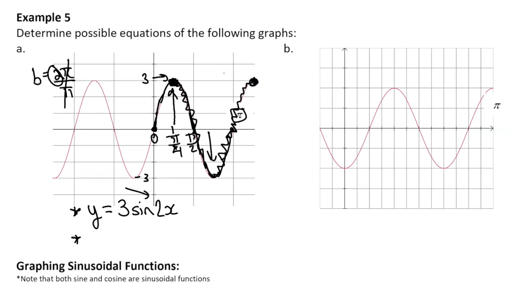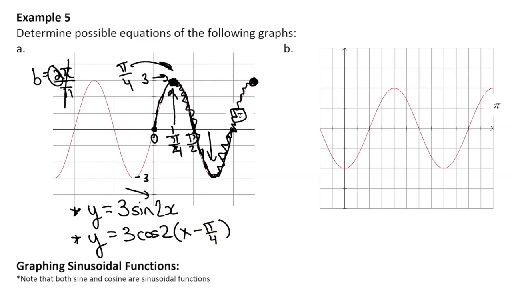The length of the period would stay the same. The amplitude would stay the same. The only thing that's different is we now have a horizontal phase shift of pi over 4 units to the right, and that's where cosine starts. So we could also say y equals 3 cosine of 2 times x minus pi over 4, something like that.